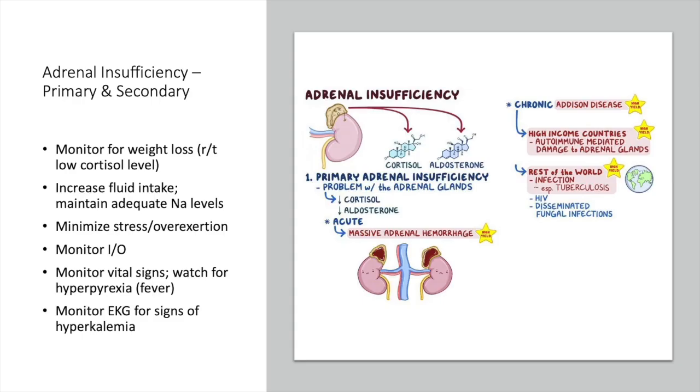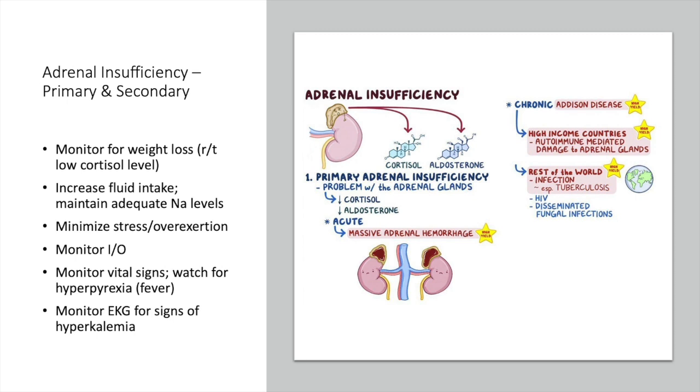Then we have adrenal insufficiency. We have primary adrenal insufficiency, also known as Addison's disease, and we have secondary adrenal insufficiency. So this is where we don't have enough cortisol and we don't have enough aldosterone. Okay?